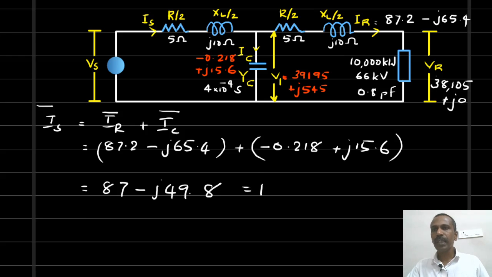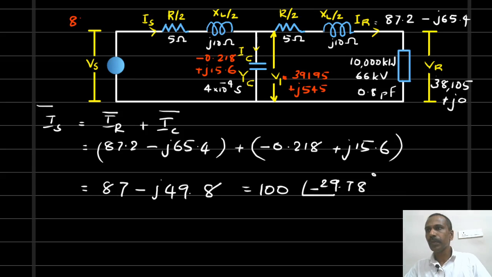In the polar form, this can be written as 100 angle minus 29.78 degrees. So IS equals 87 minus J49.8. This is the sending end current.